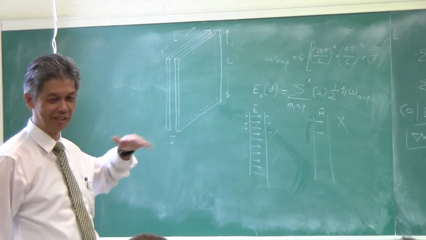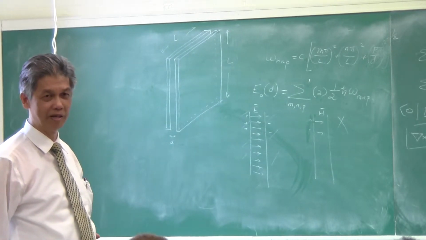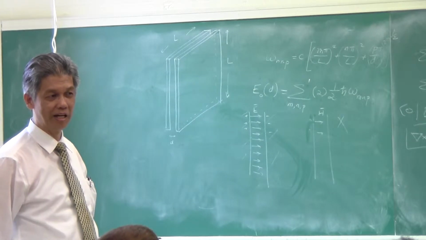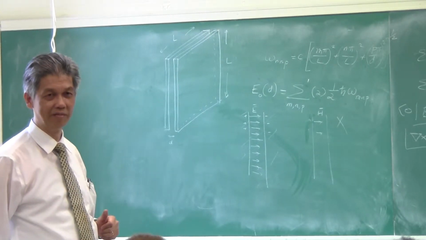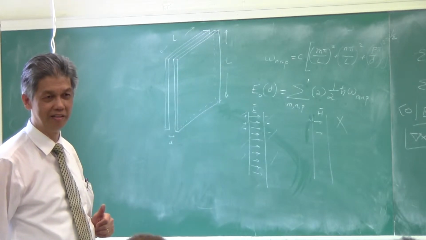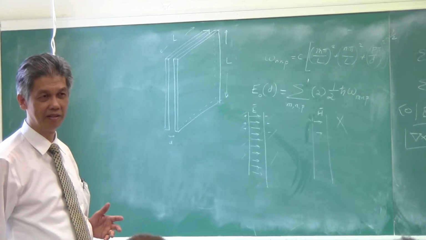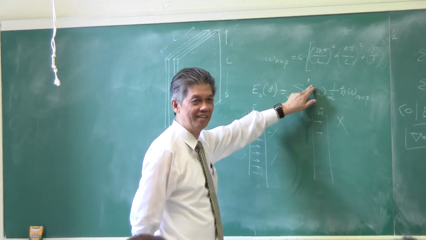Okay, it doesn't have a cousin brother. But all the TE and TM modes between the parallel plate waveguide would have the cousin. TE mode has the cousin as TM. Is that clear to everybody? Okay, if it's clear, then I don't have to explain why this prime is there. Okay?